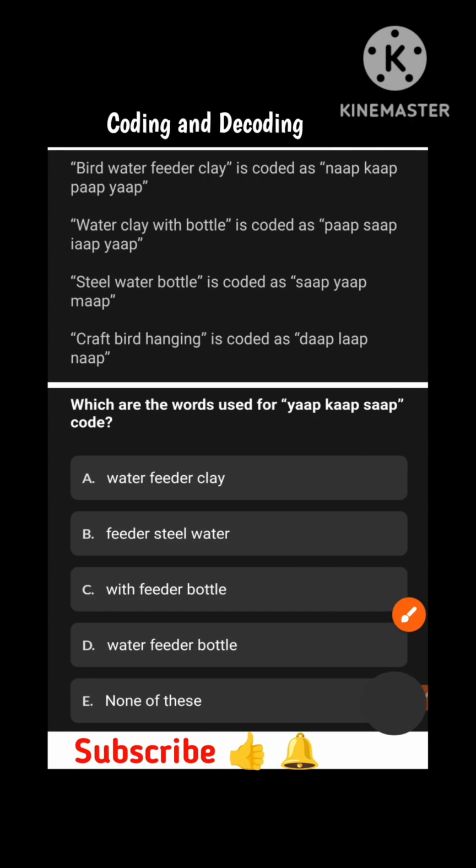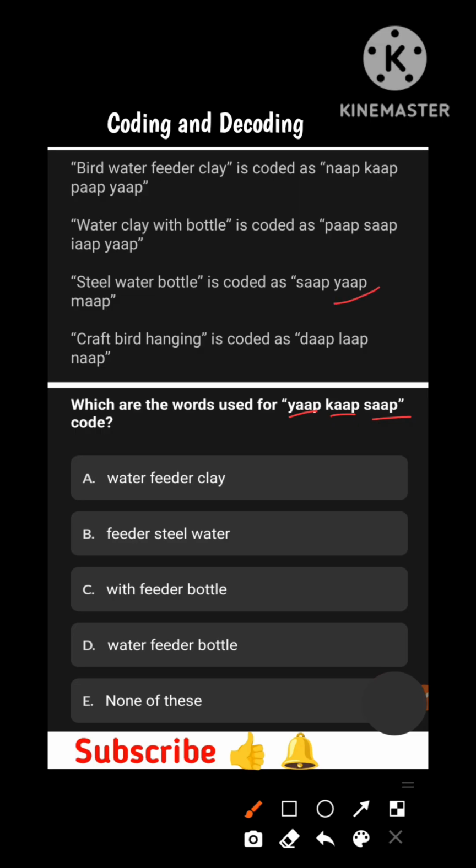Okay. Next, here YAP, CAP, SAP, YAAP. Here is YAAP, here also and here also. The common word for all three is water. So YAP is nothing but water. CAP is here. Is there any other CAP? There is no other CAP.